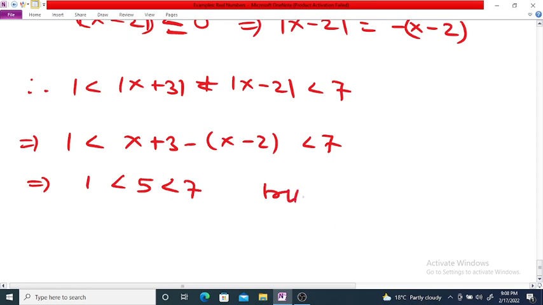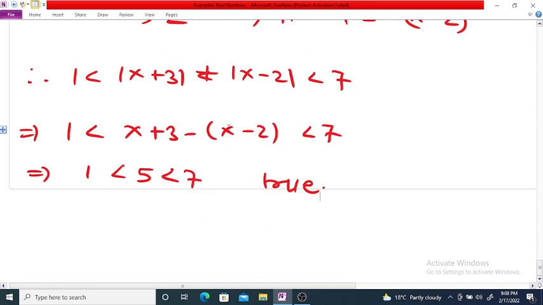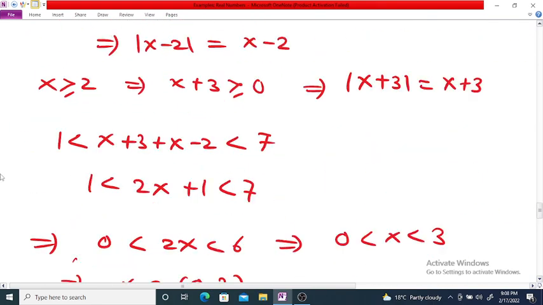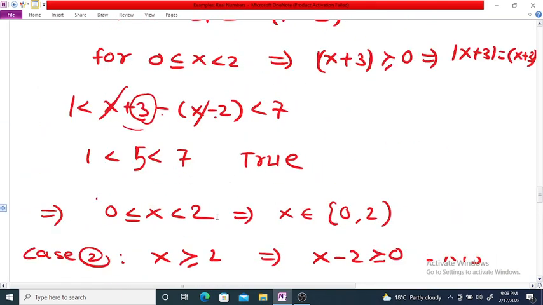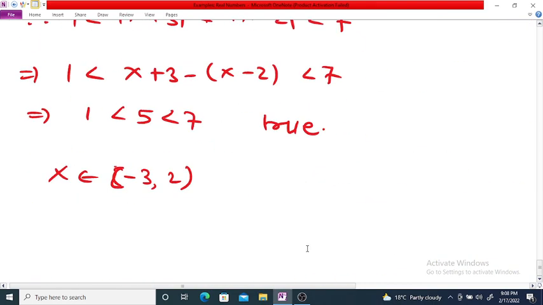This condition is again true, and therefore this also holds, that is x lies in minus 3 to 2. So if we combine all these cases, case number 1, what is case number 1? 0 to 3. No, sorry, x is 0 to 2.